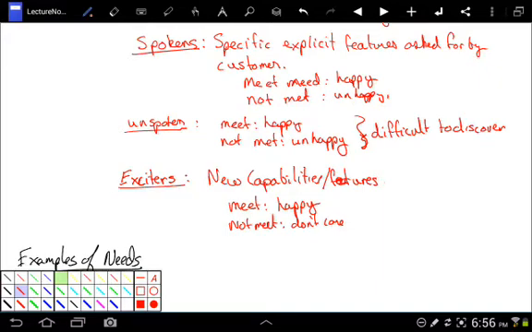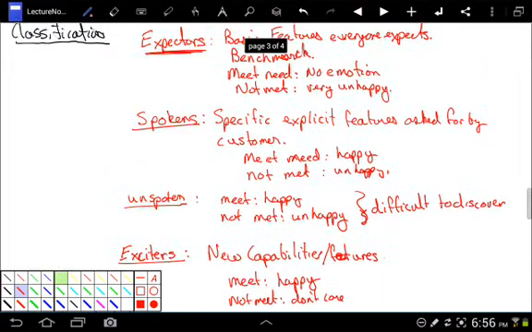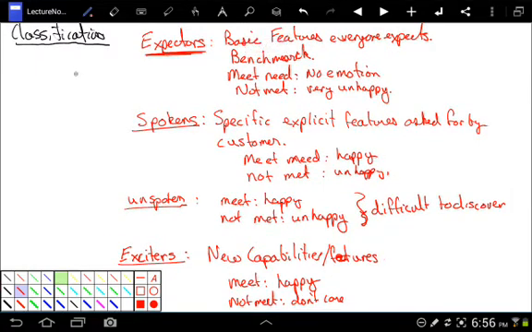So, for example, if you have a need and you decide that need is an expector, it's just plain expected for your product, you better meet it. Otherwise, people will be very unhappy. Spokens and unspokens, you have a little bit more leeway. If you meet them, people are happy.